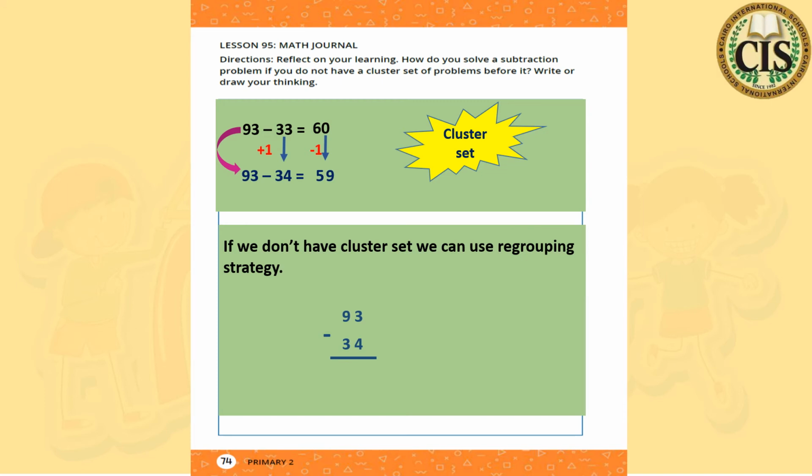Thank you, 9. So 3 will be 13 and 9 will be 8. Now 13 minus 4 equals 9. 8 minus 3 equals 5. Now we can solve subtraction problems using the cluster set or regrouping strategy.